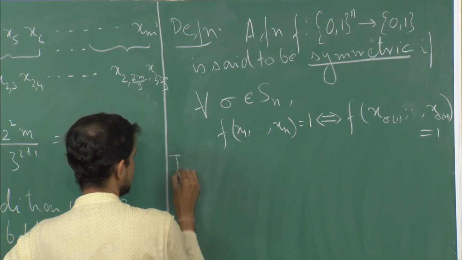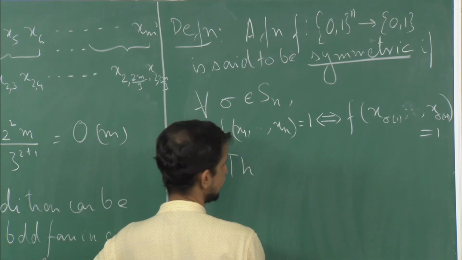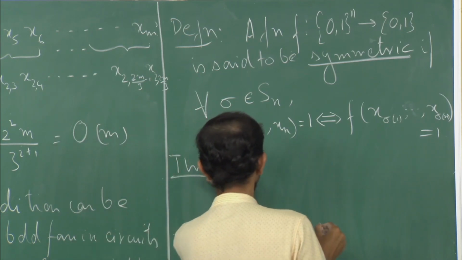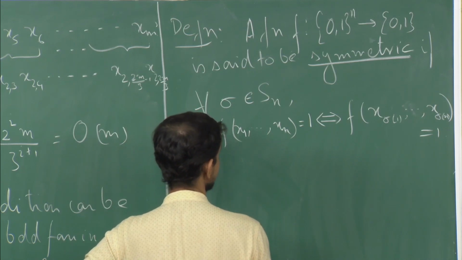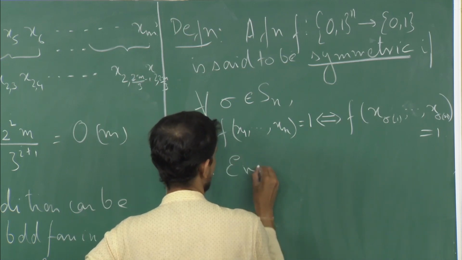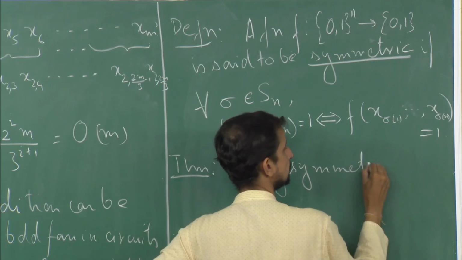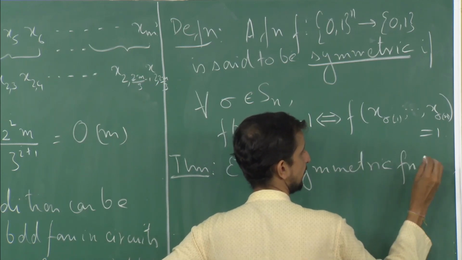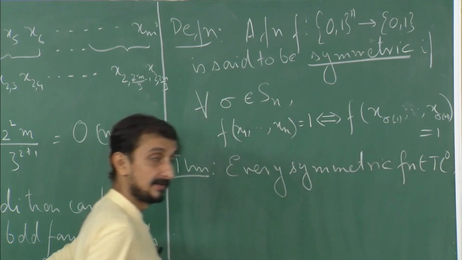Okay. So what we will show is that every symmetric function is in TC0.